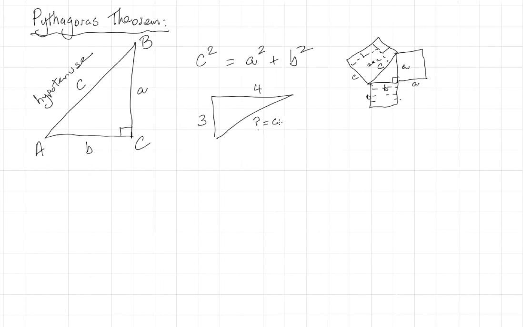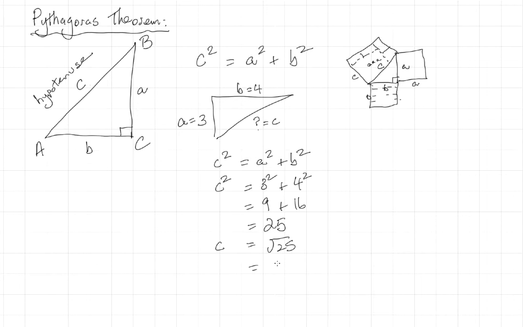We'll call this C. It doesn't matter which one you call A and B. We start by quoting the rule, Pythagoras' theorem, C squared equals A squared plus B squared. C squared equals 3 squared plus 4 squared, which is 9 plus 16, equals 25. So C is the square root of 25, which is 5.